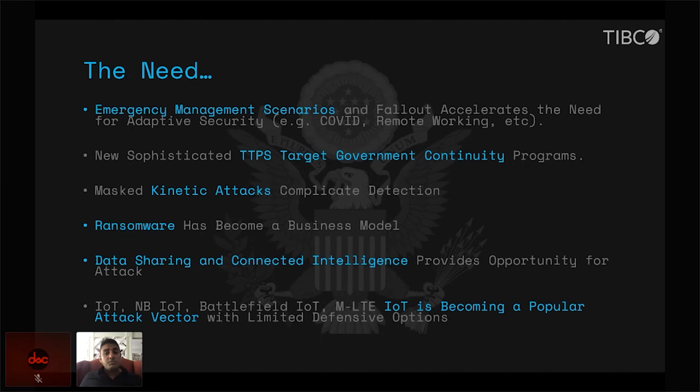Now, I think it's also important to understand the need. Ever since we've talked about emergency management scenarios, even as far back as 2001 with DHS's Dark Winter, DHS, alongside Johns Hopkins, came forward and talked about emergency management. In their case, they used a test trial run of pretending how the United States would react against a bioterrorist event.